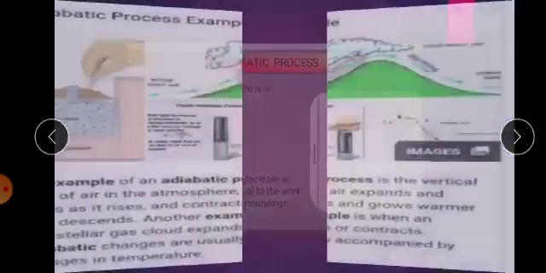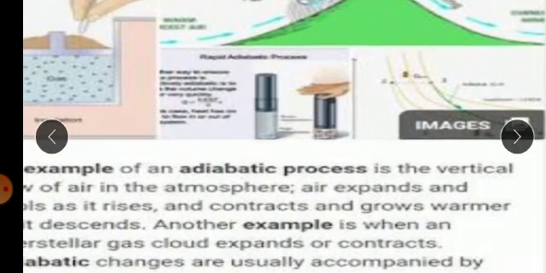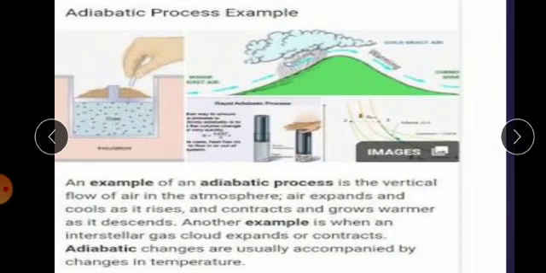So we shall take one example for this adiabatic process. In this example, the vertical flow of air in the atmosphere, the air expands and cools as it rises, and contracts and grows warmer as it descends. This is one example.